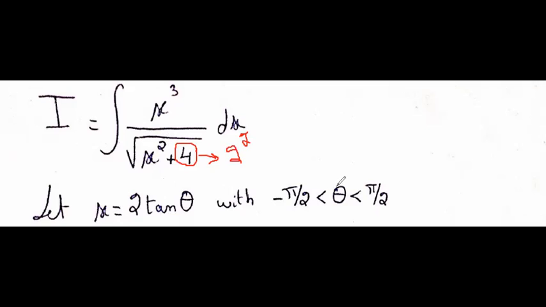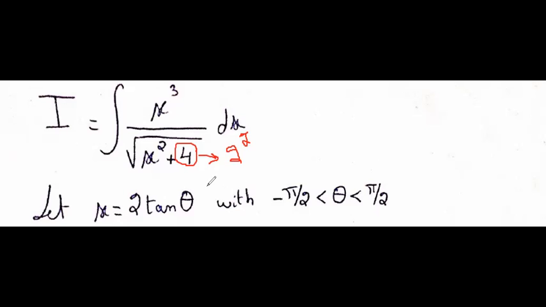Now with theta being between minus pi by 2 and pi by 2. Surely theta can be in R excluding the values plus or minus pi by 2, because this is the domain of tangent. But we choose this interval because tangent is strictly increasing in this interval, and it has an inverse.